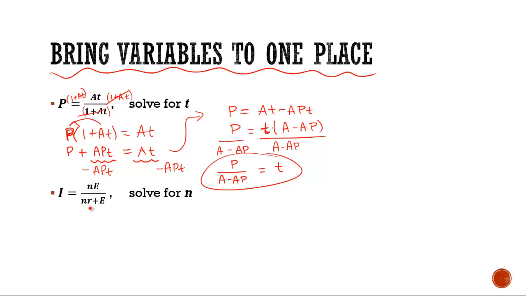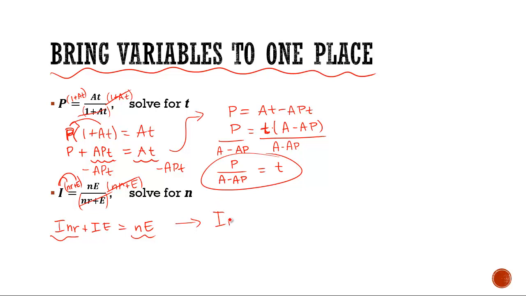And finally, try it with this last one. It's a very similar process. We want n by itself, so we multiply that there as well. So if you distribute that, you'll have I n r plus IE equals NE. And again, we want n by itself, so we want to bring our terms together.